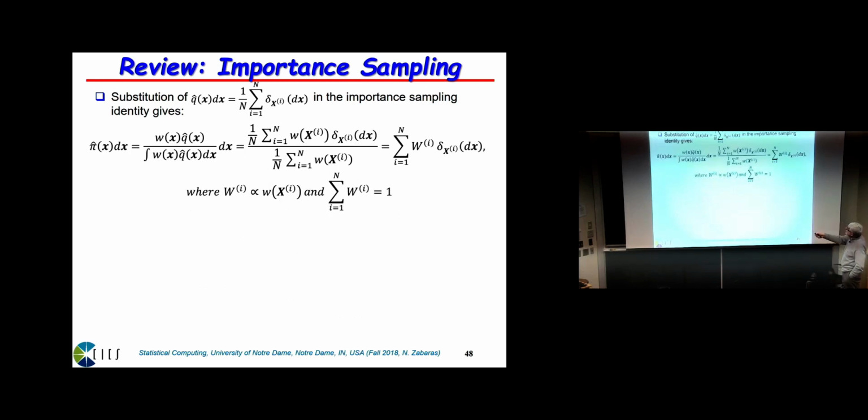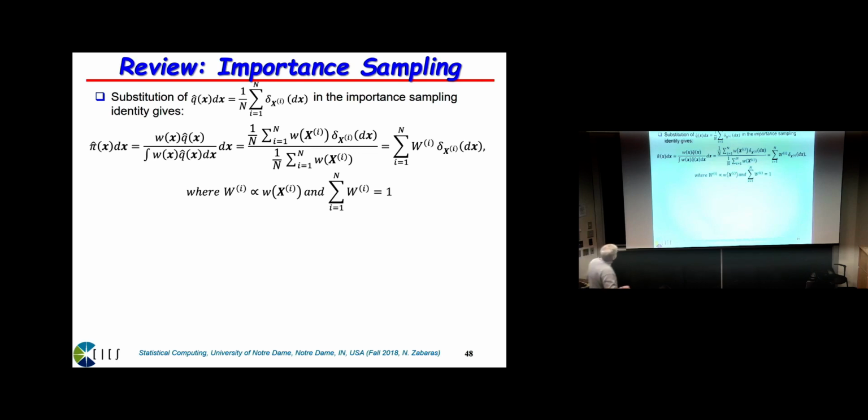Nothing particular. This was the equation I had before. I plug in the approximate measure for Q instead of Q, and if you do the calculations, the new approximation for pi has delta masses at the samples that you took from Q, but they're now weighted by capital W, the normalized weights. Before we had little w, and you notice here is little w divided by the summation of all the w's, so this thing together is capital W.